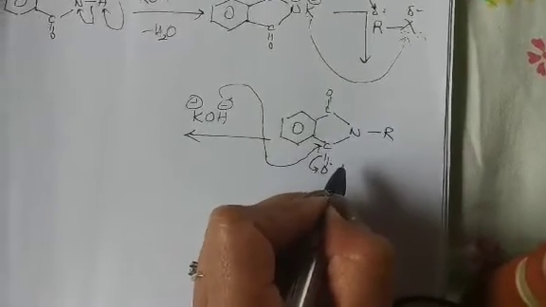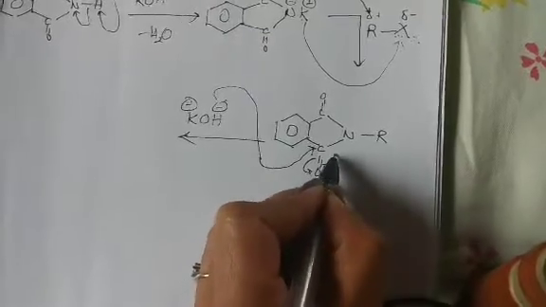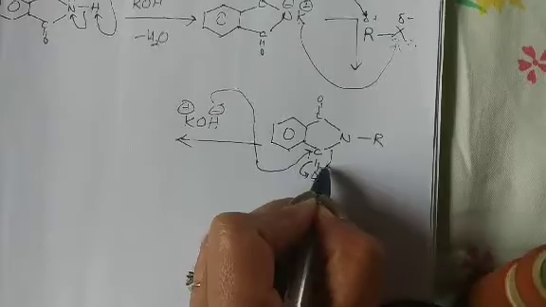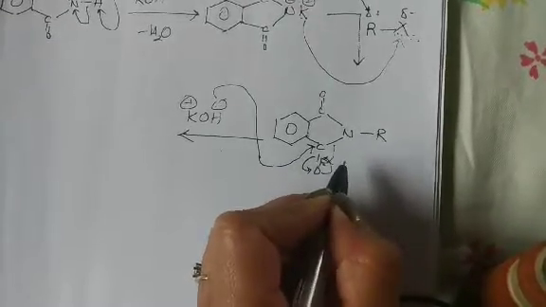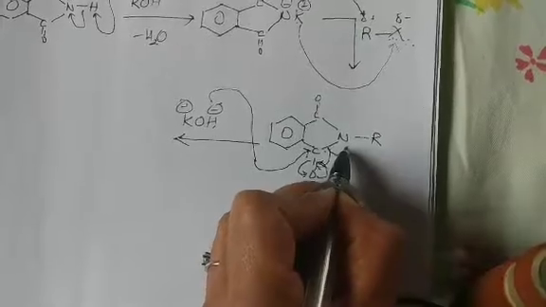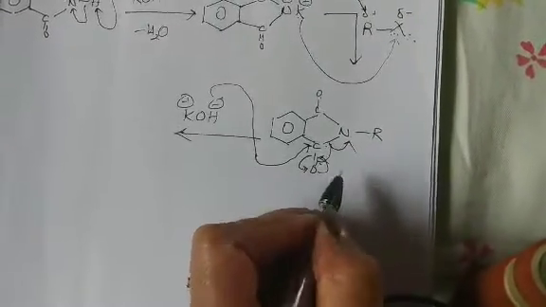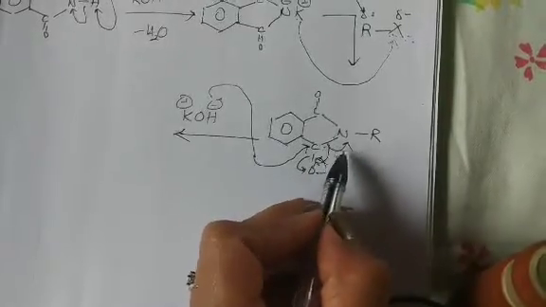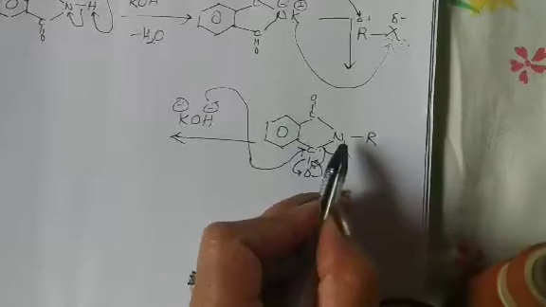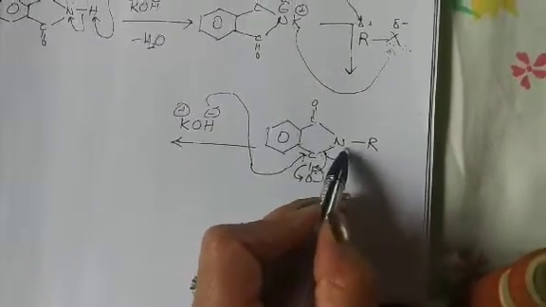Back bonding occurs, and one more bond breaks up, and this bond goes to the nitrogen atom. Nitrogen takes the two bonding electron pairs, as nitrogen is more electronegative than carbon, therefore the bond breaks here.